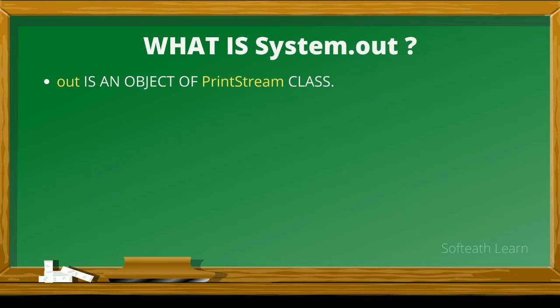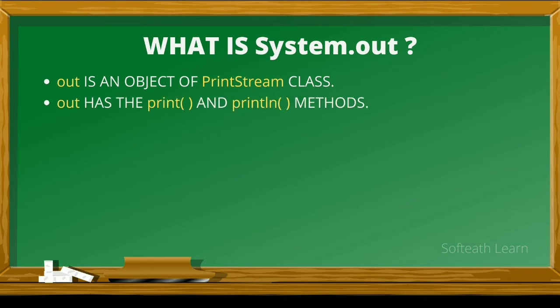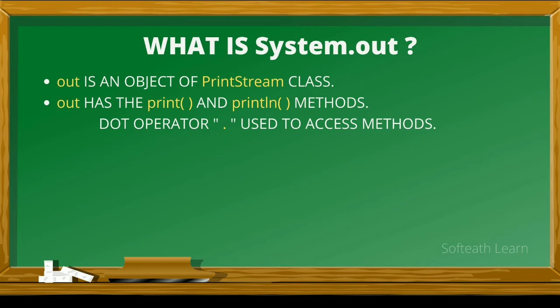Now this object contains some methods, that is, it contains the print method and the println method. Now you know that objects can contain methods just like classes. So the PrintStream class contains some methods, and whenever we create an object from this class, this object will also contain methods. So if you want to access the print and println methods, the out object will use the dot operator.